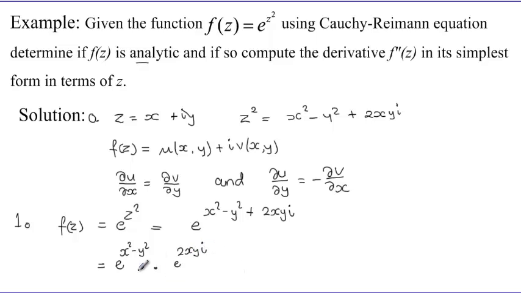Recalling this identity, e to the power i theta, where theta is an angle in radians, simplifies to cos theta plus i sine theta.